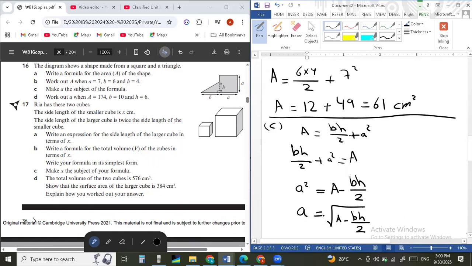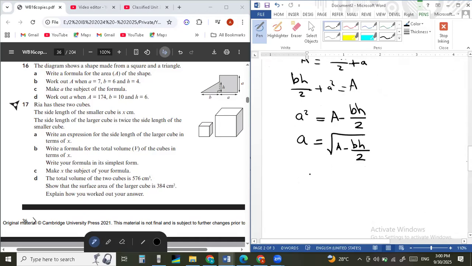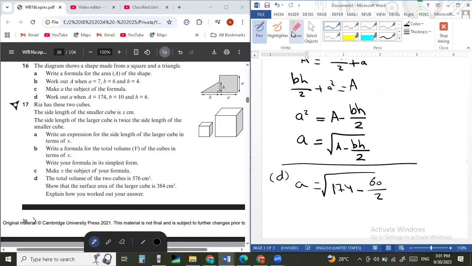Question d, they want you to work out a. When A, the capital A, is 174, b is 10, h is 6. No problem. Let's do it. They told you here, that's question d, a equals square root of, they said A is 174 minus bh, which is 10 times 6, 60, over 2, which let's say it is 30.